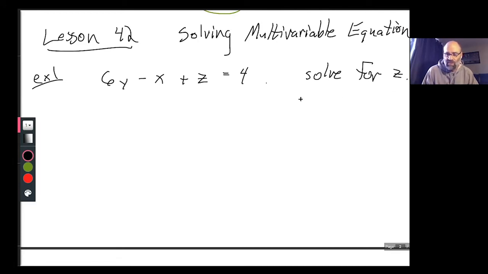Okay. So remember, the main goal is to get z by itself. Well, you can still follow the steps of equations. All right. But it's going to look a little different. You can still simplify both sides separately. So up on the board there, where you see the steps, the first step in black, number 1, is to simplify both sides separately. So look for parentheses and look for like terms.